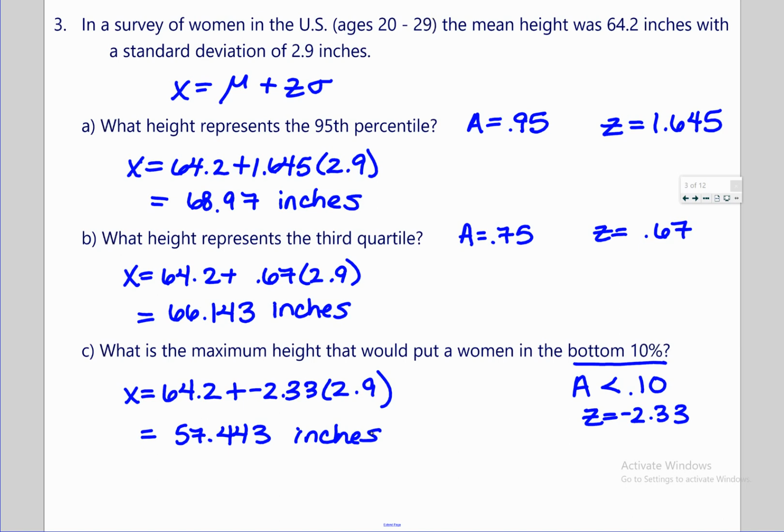Oh, did I look at the wrong number? Yes, I did. Gosh. I said it, I wrote it, and I looked at the wrong number on paper. All right, let's fix that. Sorry. 0.1, not 0.01. All right, how about a negative 1.29? Does that sound better? Okay. You guys got to tell me when I do silly stuff like that. Negative 1.29.